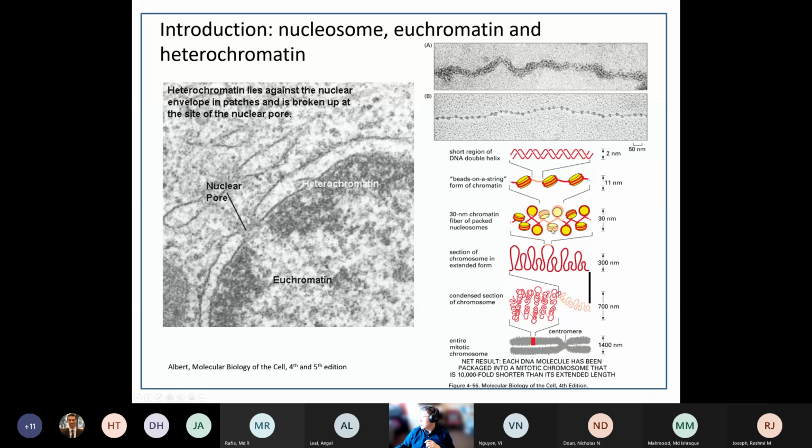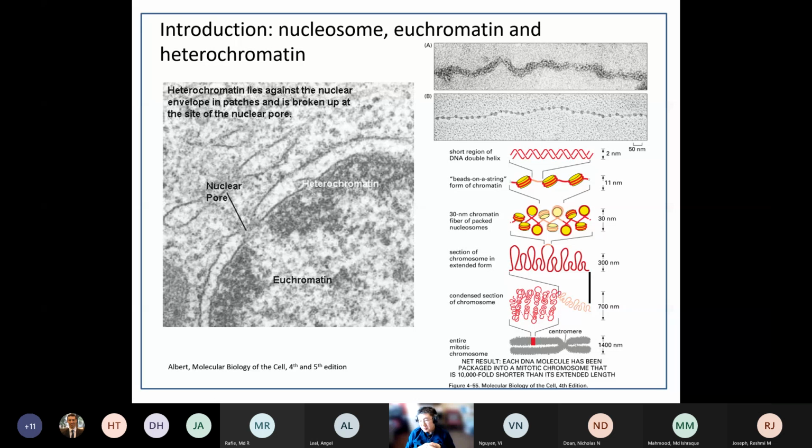That 30 nanometer chromatin can also be seen in A here, so you see it is much thicker than what's shown in B, the beads on a string structure. Once it's packed, it becomes thicker, of course. This is how the package looks. And of course, it will get even further packed, to the extreme being the mitotic chromosome.